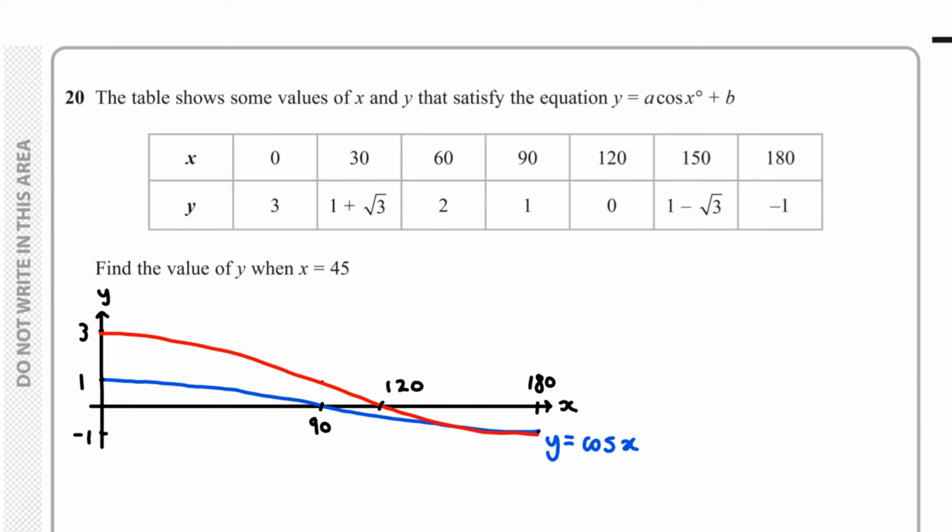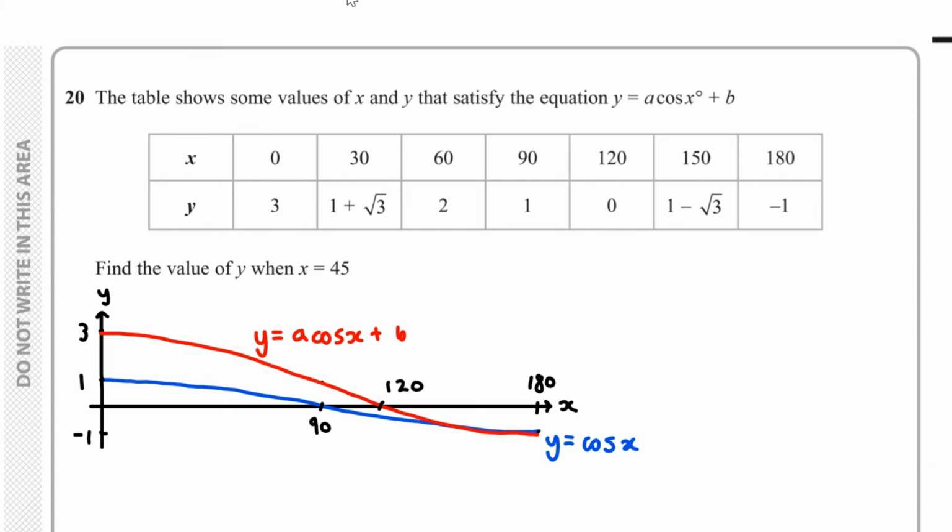So this is the graph of y equals a times cos x plus b. Well, the 90 over here, for normal cos, the corresponding y coordinate is 0. But for this graph in red, the corresponding y coordinate is 1.